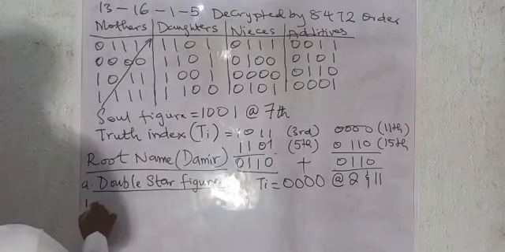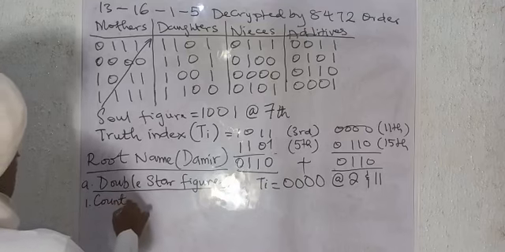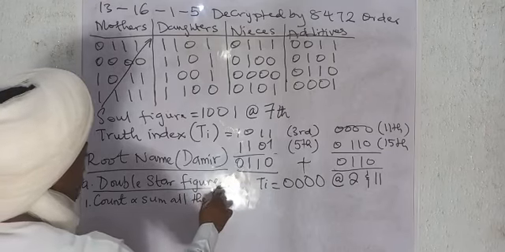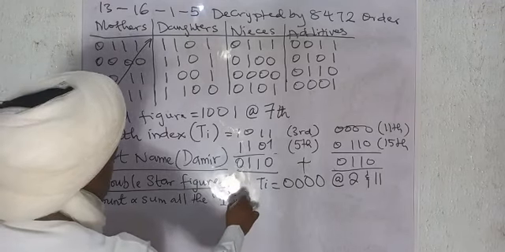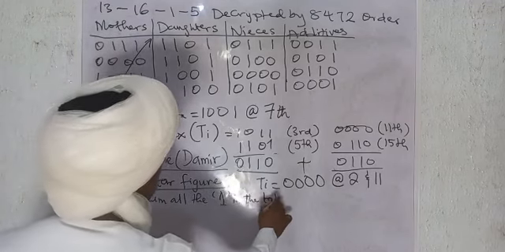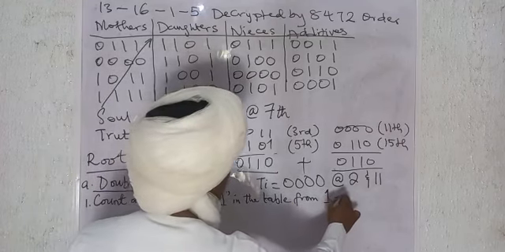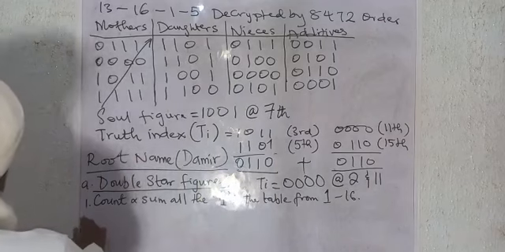Step 1. Count and sum all the 1 in the table from figure 1 to figure 16. Step 2.